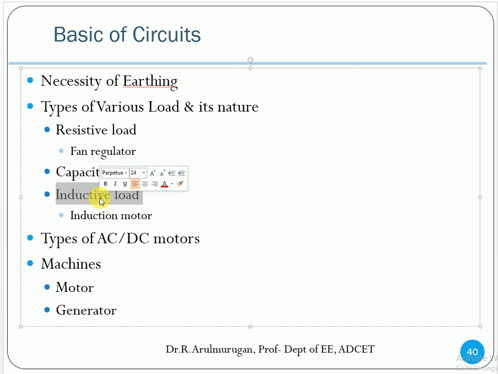So what I told you, there is a purpose in agriculture. There are 10 farmers, and each farmer has 10 acres. The first farmer is located near the distribution transformer.